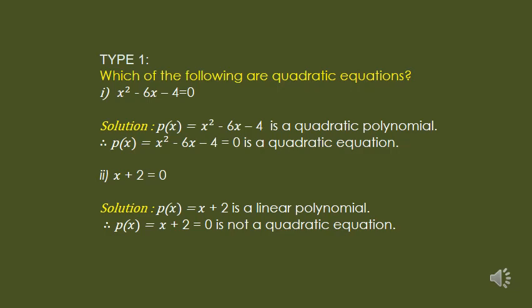Similarly, when we equate that quadratic polynomial with another value, it forms a quadratic equation. In the second case, the degree of the equation is 1, so we can't say the given equation is quadratic. It is a linear equation, not a quadratic equation.